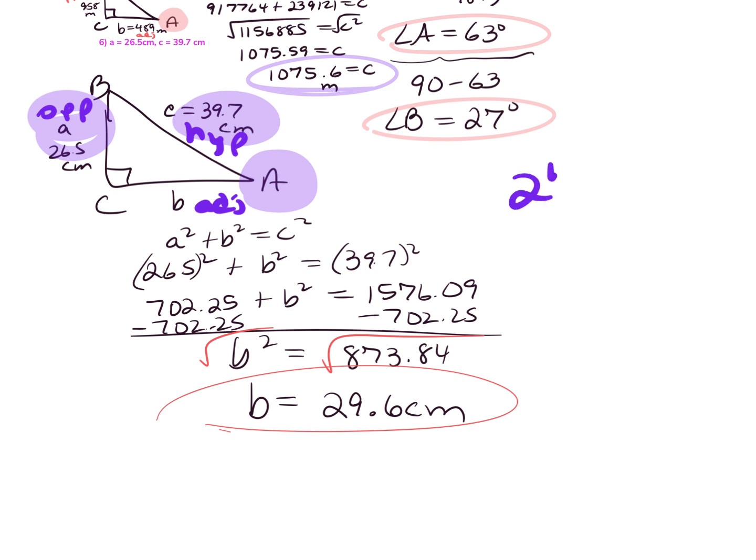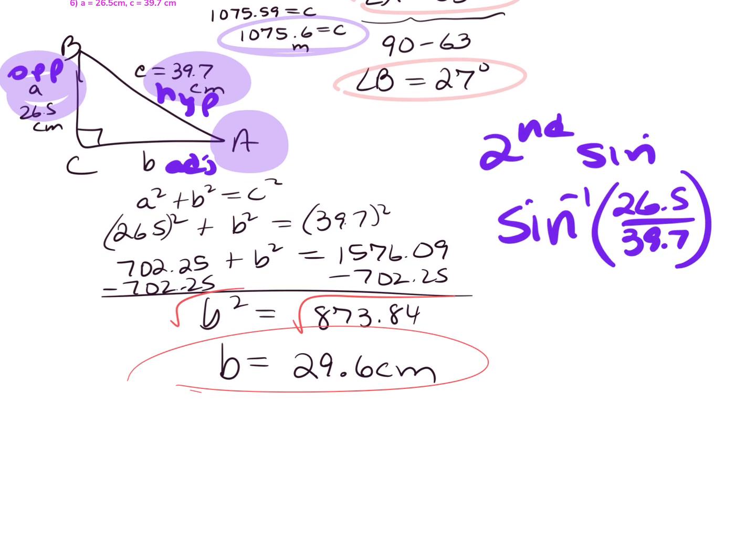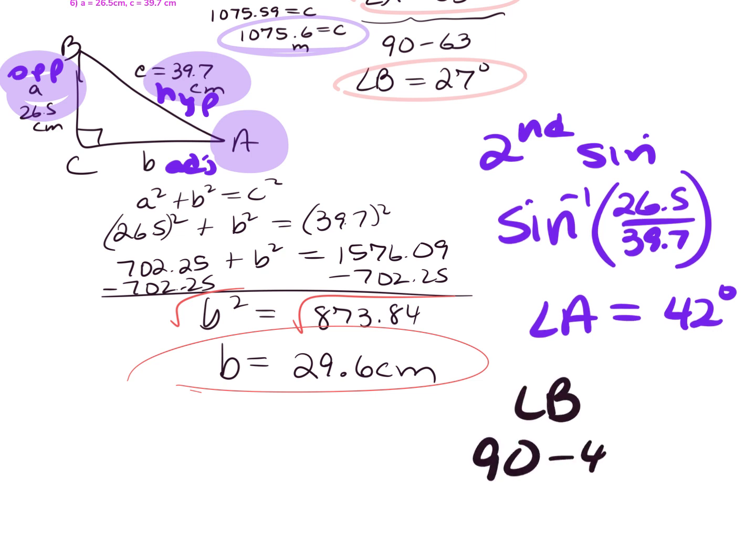So you're going to do second sine, so it opens up sine to the -1, and then put in opposite over hypotenuse. Hit enter. And once we do this, you should be getting rounded to the nearest degree. Angle A is 42 degrees. And then to find angle B, we're going to do 90 minus 42, and angle B will be 48.